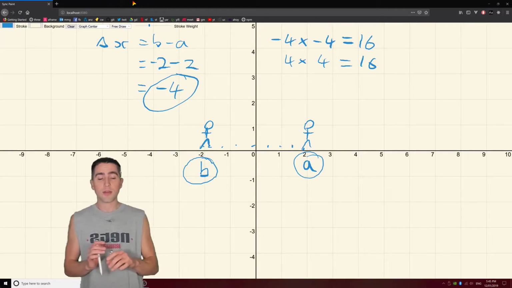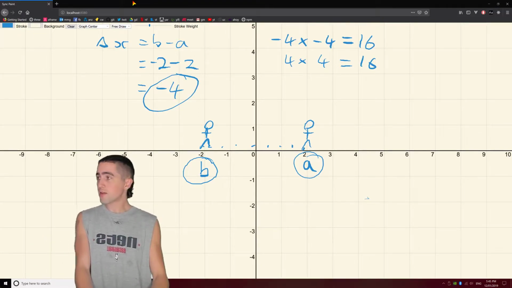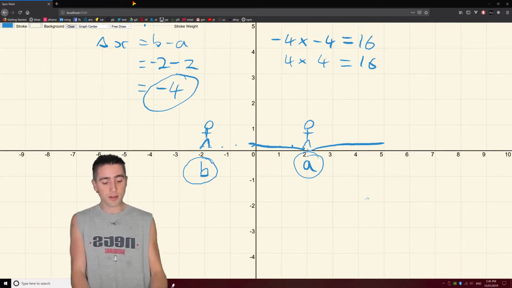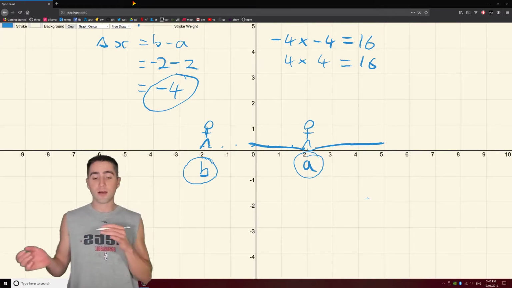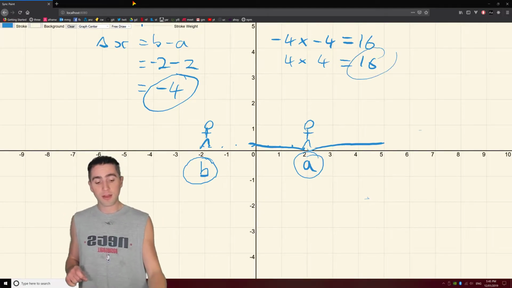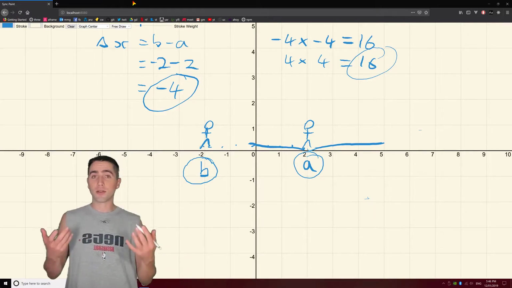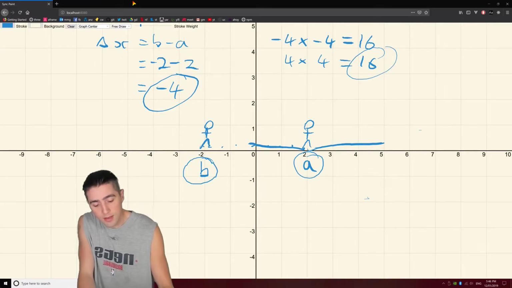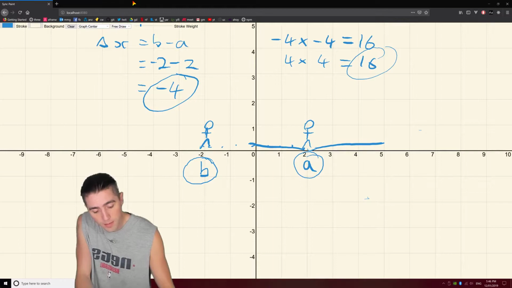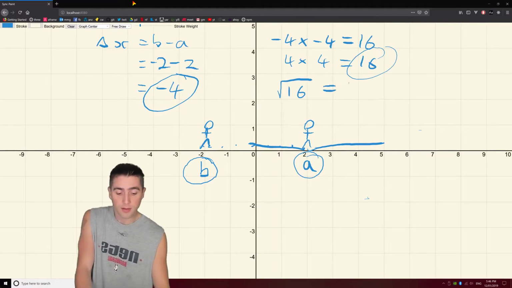So now we know, no matter if he moves in this direction or in this direction, if he moves 4 meters in either direction and we multiply that number by itself, we're going to get a positive number. And then we can simply take the square root of that. The square root of 16 is always going to be 4.